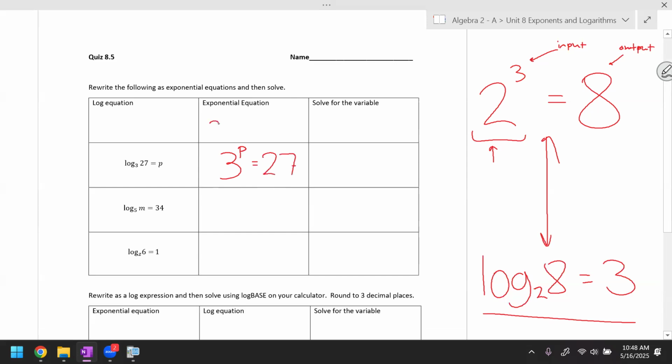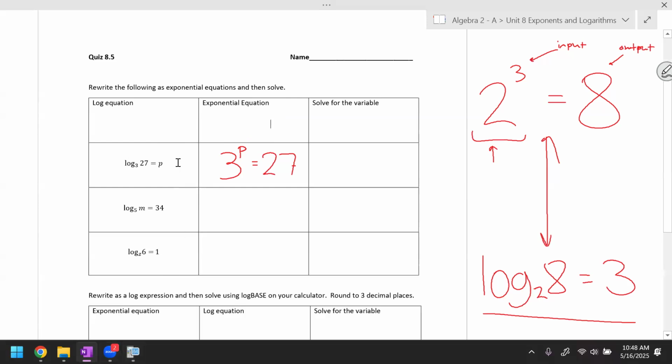I could also, of course, write the equation the other way around. It's exactly the same thing. And what is p? Well, I could just look at this and think, what 3 to the power of what equals 27? If I can't do that in my head, then you can always just go to the calculator and try it.